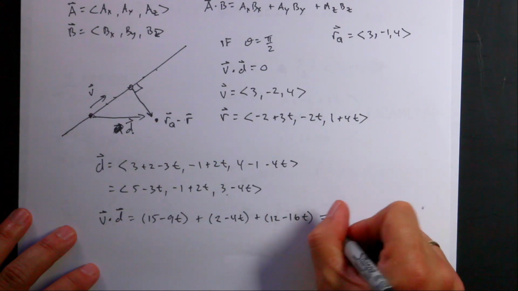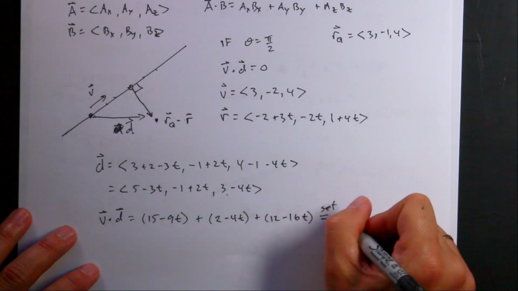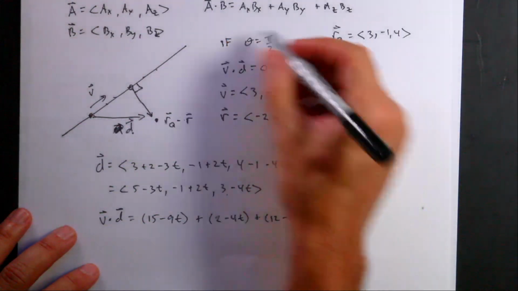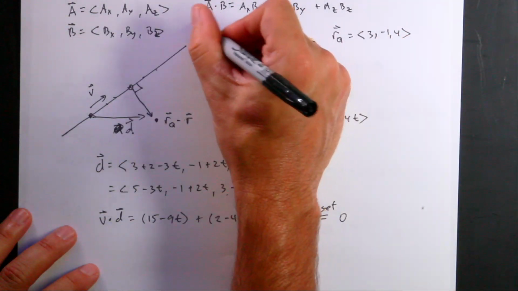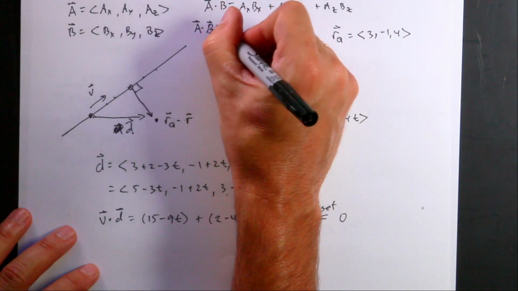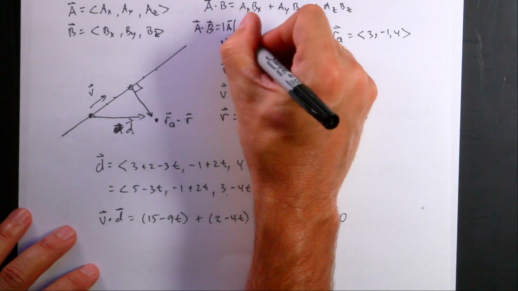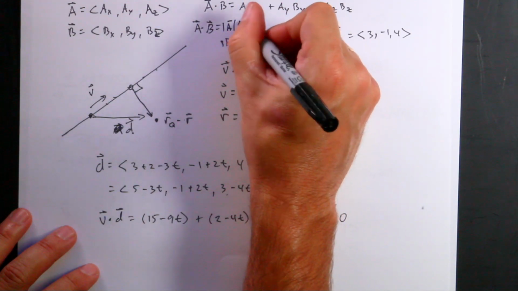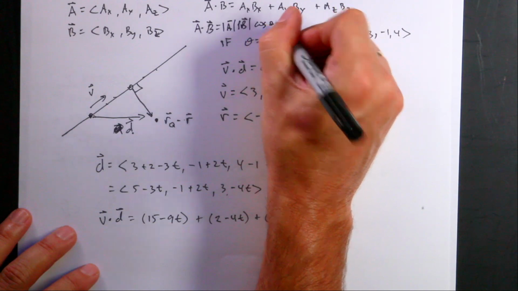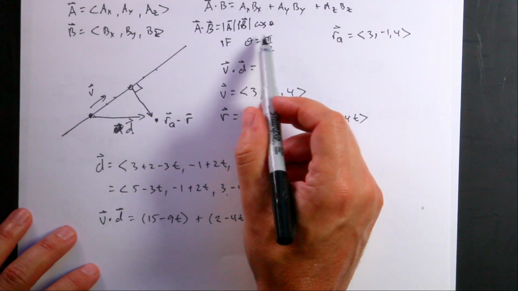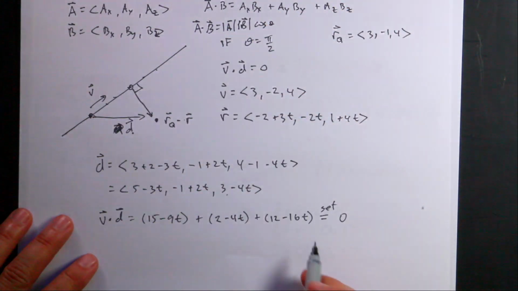And I want to set that equal to 0 because the dot product a dot b equals the magnitude of a times the magnitude of b times the cosine of the angle between them. So if the angle between them is pi over 2, the dot product is 0.